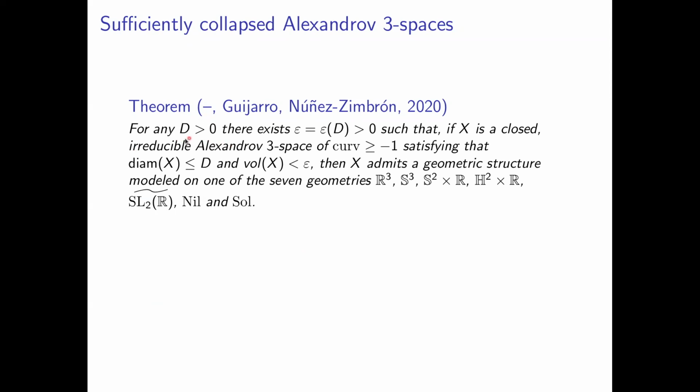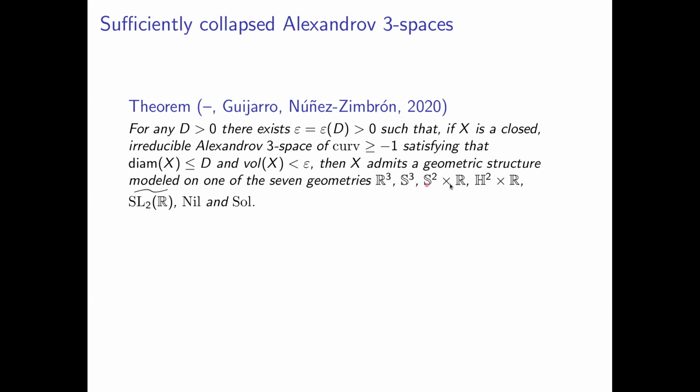So you have a positive constant d, and you can find an epsilon such that if X is a closed irreducible Alexandrov space of curvature bounded below, this is just to normalize the curvature bound, and the diameter or the volume is strictly less than epsilon, then X has a geometric structure modeled on one of these 7 geometries. Meaning the space is homeomorphic to a quotient of one of these 7 geometries.